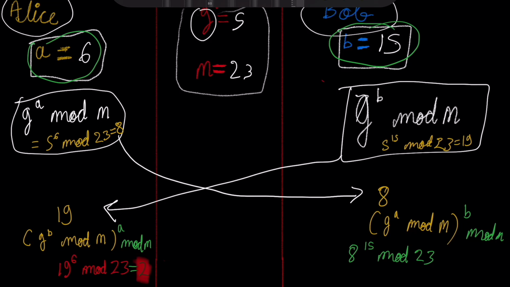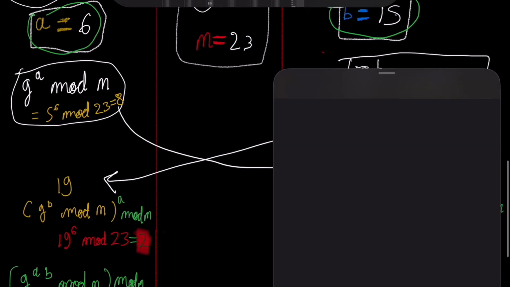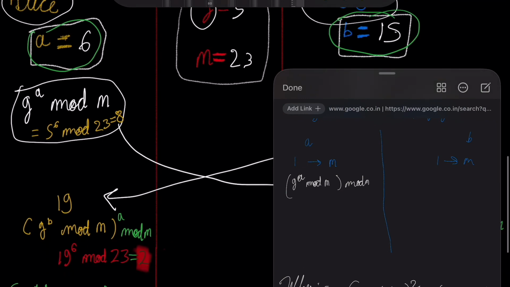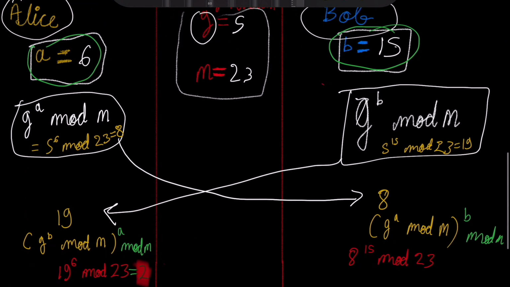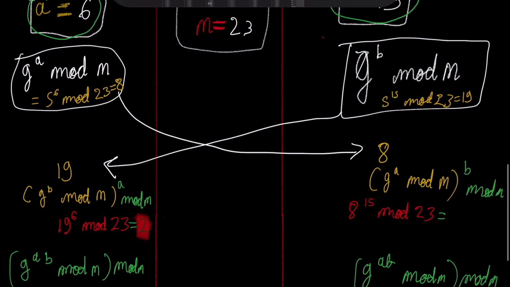Let's keep colors consistent, so I will keep it red, and this will be equal to, sorry for the inconvenience, print, and drum rolls please. This also turns out to be 2.